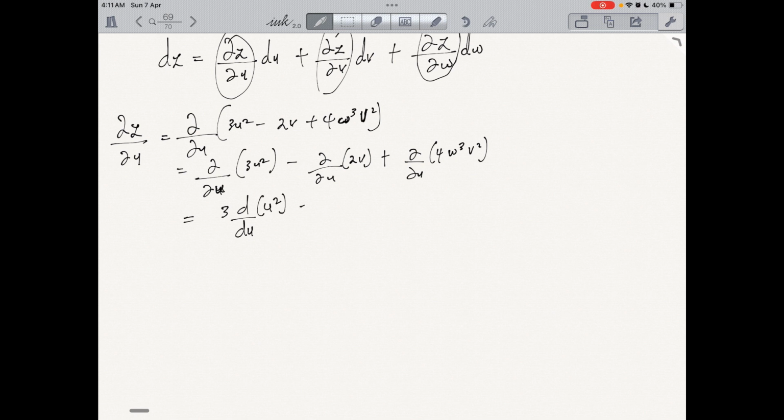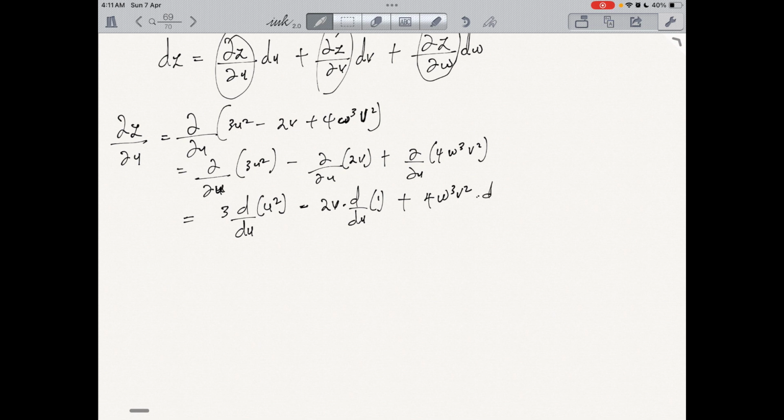The constant in this term is 2v multiplied by the full differential d/du of 1. The constant in this term is 4w cubed v squared, because why? Because these are 3 variables, and when we are differentiating partially with respect to 1, the other 2 are kept constant.